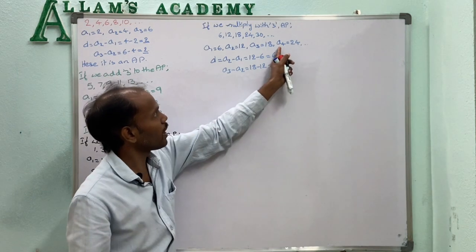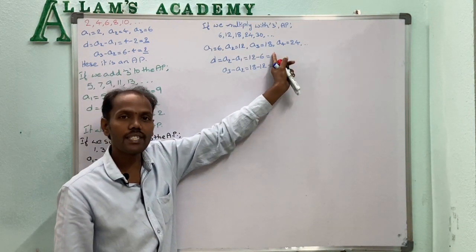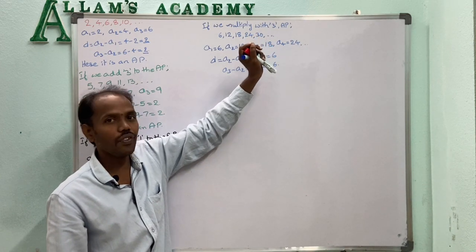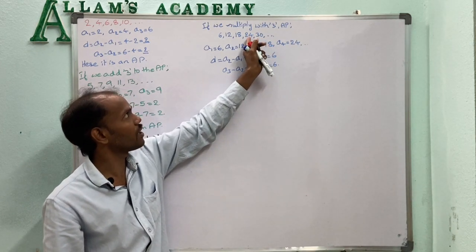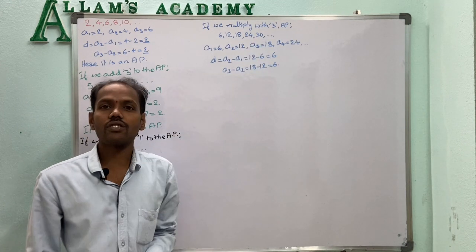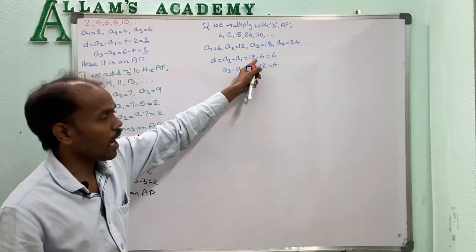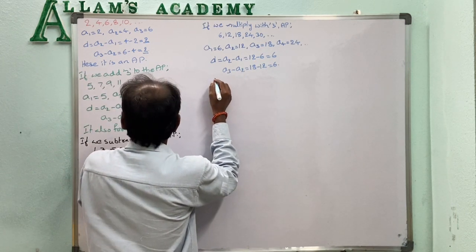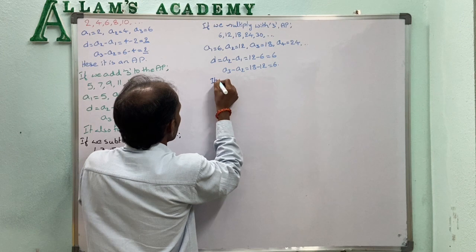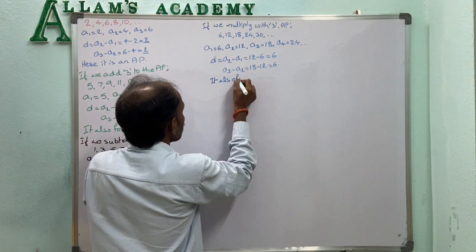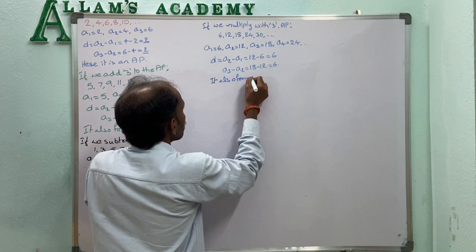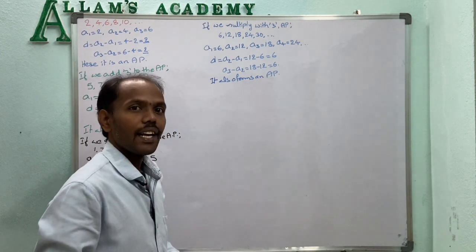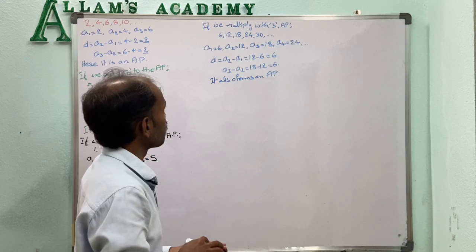A4 minus A3, 24 minus 18, is 6. A5 minus A4, 30 minus 24, is also 6. That means the common difference is the same, so it also forms an AP.